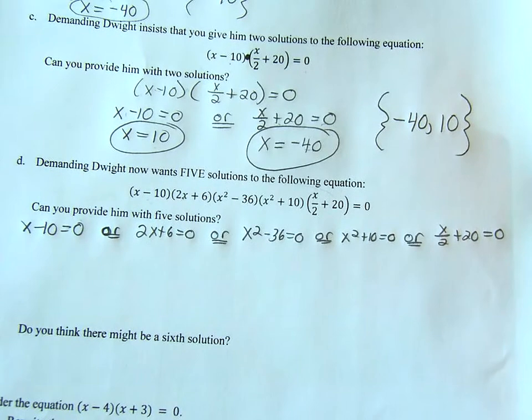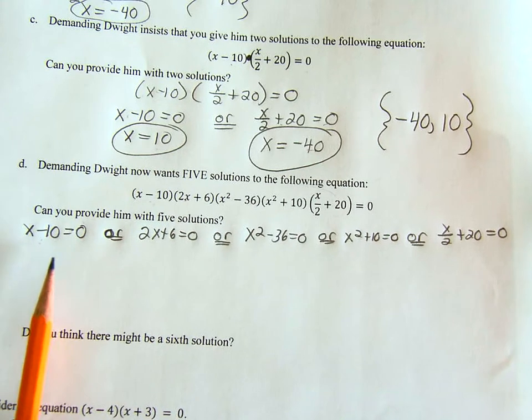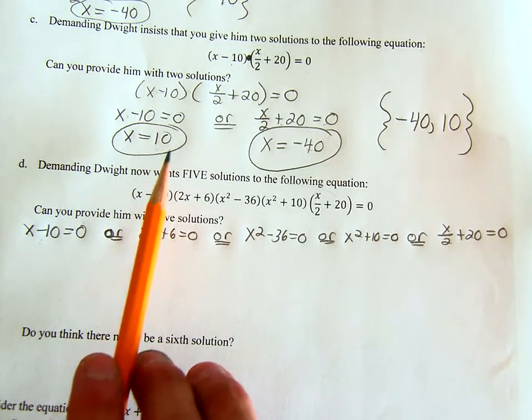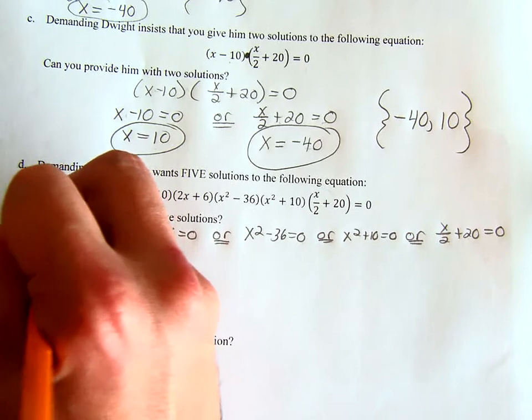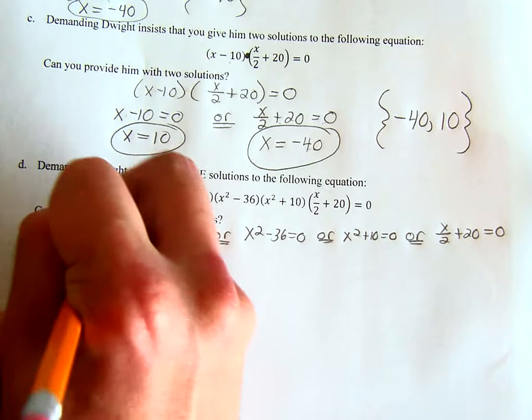So we have all these equations that we can solve for. But we already know our solution for x minus 10 is equal to 0 because we just did it up there. So x could equal 10.